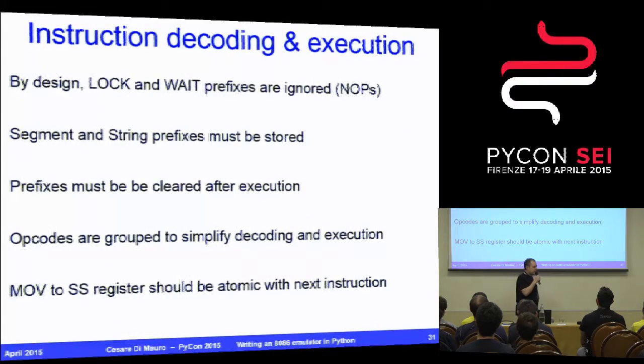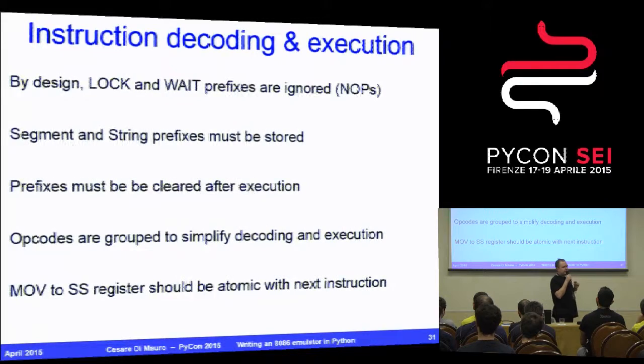So what do I do when I need to decode and execute instructions with the emulator? By design, I decided to ignore the lock and wait prefixes because they are not useful. But I need to store some segment or string prefix because, as I said before, they can change the behavior of the instruction to be executed.